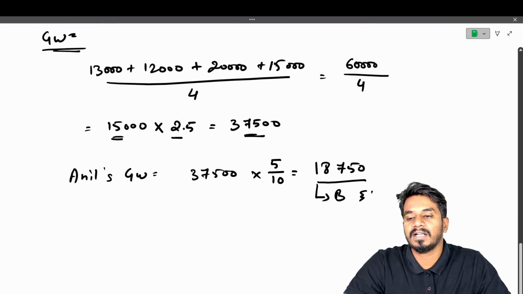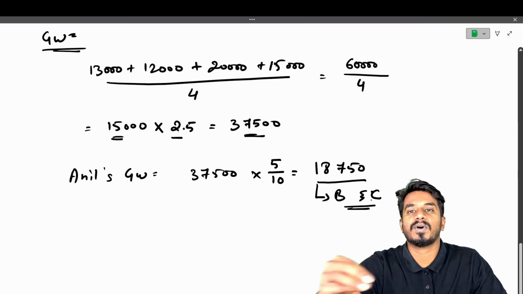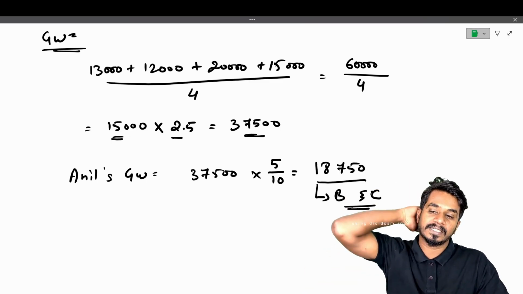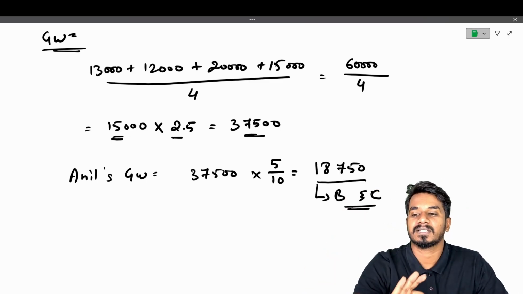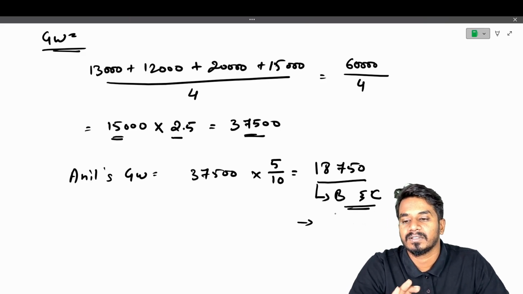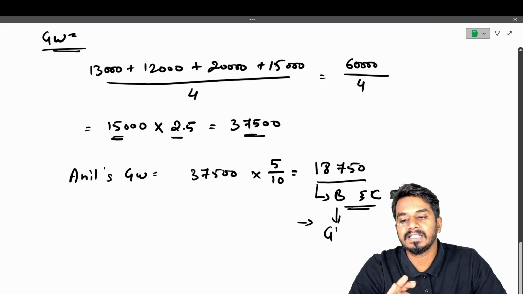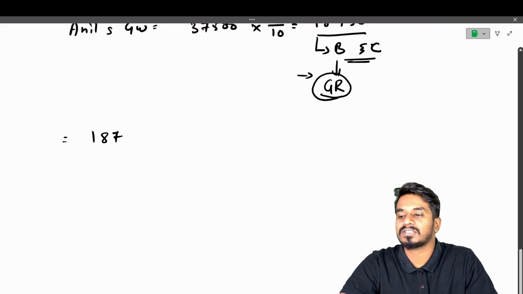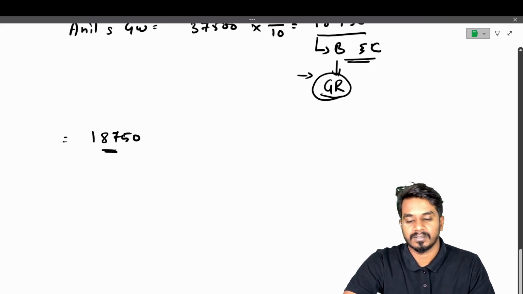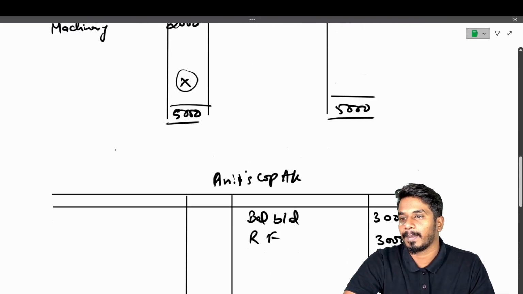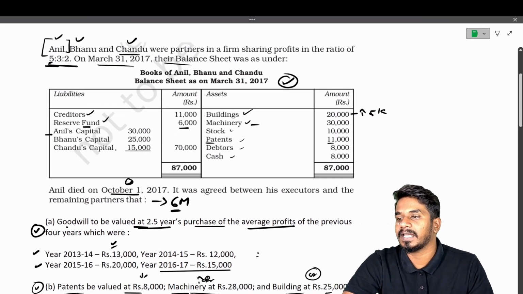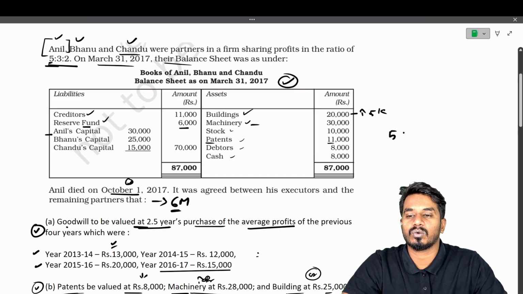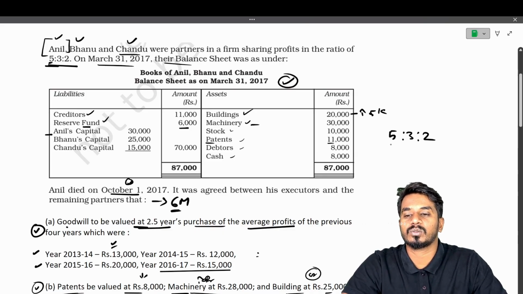So Banu and Chandu will compensate in their gaining ratio. You have to remember this. They will compensate in the gaining ratio, GR. So let us calculate that. 18,750 was there, and their gaining ratio we have to calculate. The old ratio was 5 is to 3 is to 2.